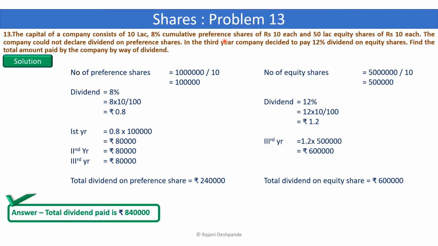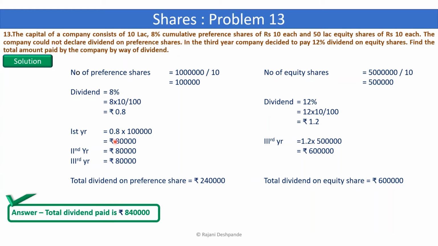Even if they don't get the dividend in a certain year, they can claim it in the next year when the company decides to pay the dividend. The company gives preference to the cumulative preference shareholders first, pays the dividend, and then the remaining amount is given to the equity shareholders.